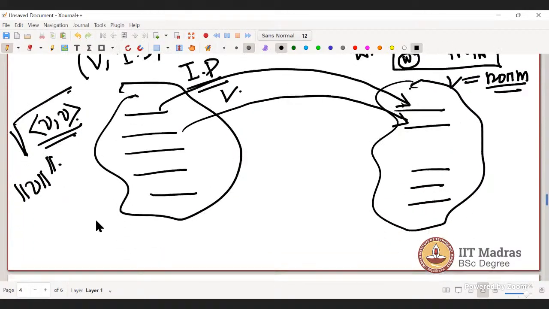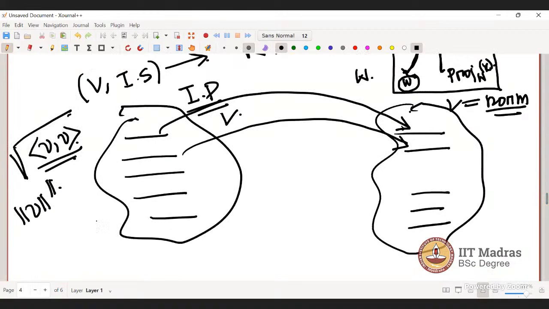So using an inner product, I can reach some norm. But the problem is there are a few norms in this set which don't have any pre-image. There is no element in this set that maps to those norms.